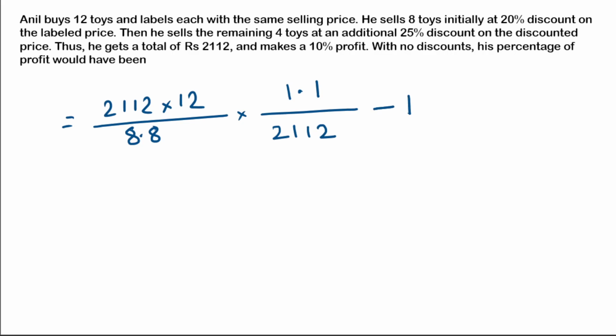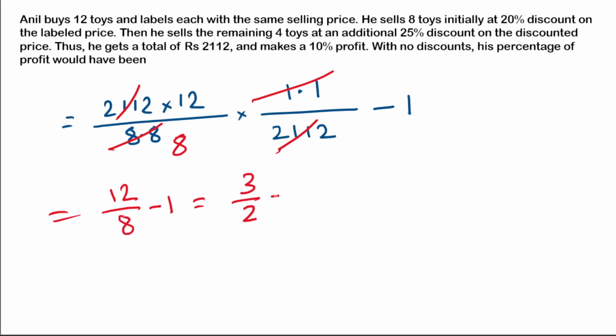Now we can cancel these two out, and we can cancel these two out as well. So this is simply 12 by 8 minus 1. So again, this is 3 by 2 minus 1, and this comes out to be 0.5, right?